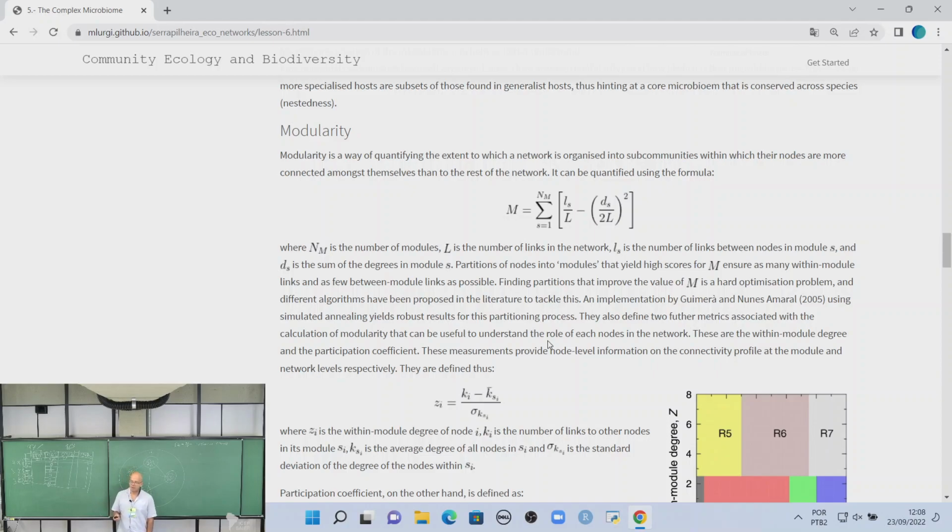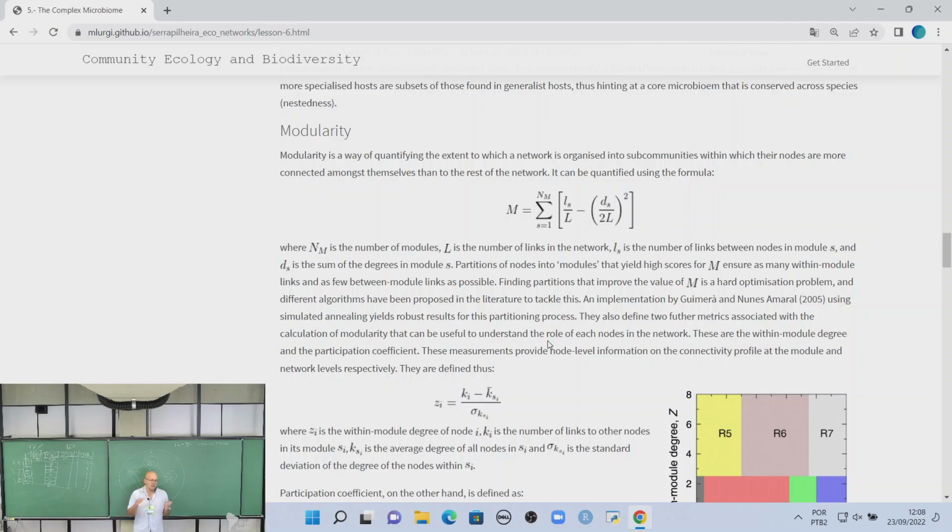Does anyone here do graph theory mathematically, like algorithms for understanding network properties in mathematics? No? Okay. Well, this is one of the traditional, classical problems in graph theory, to try to find partitions that maximize this quantity.